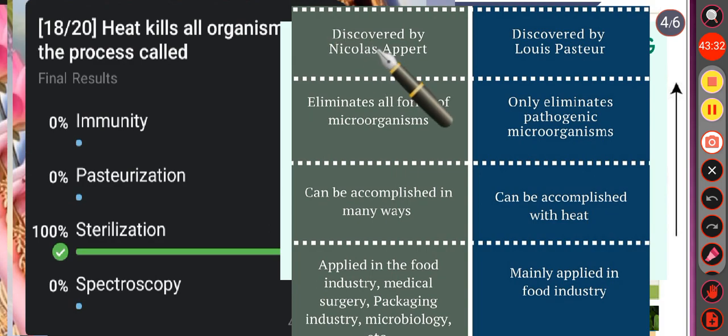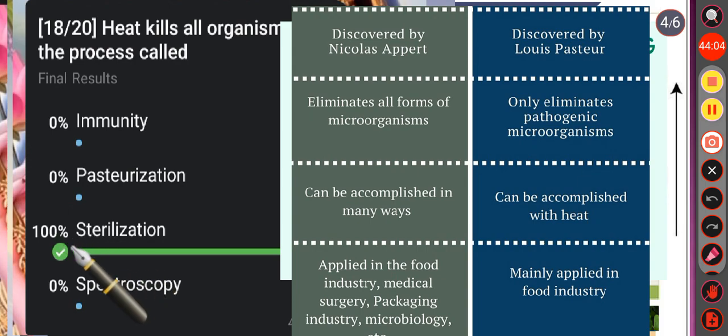The sterilization process was discovered by Nicolas Appert, but the pasteurization process was discovered by Louis Pasteur. Sterilization can be accomplished in many ways, but pasteurization is accomplished with heat. Sterilization is applied in the food industry, medical surgery, packaging industry, microbiology, etc. And pasteurization is mainly applied in the food industry, right?